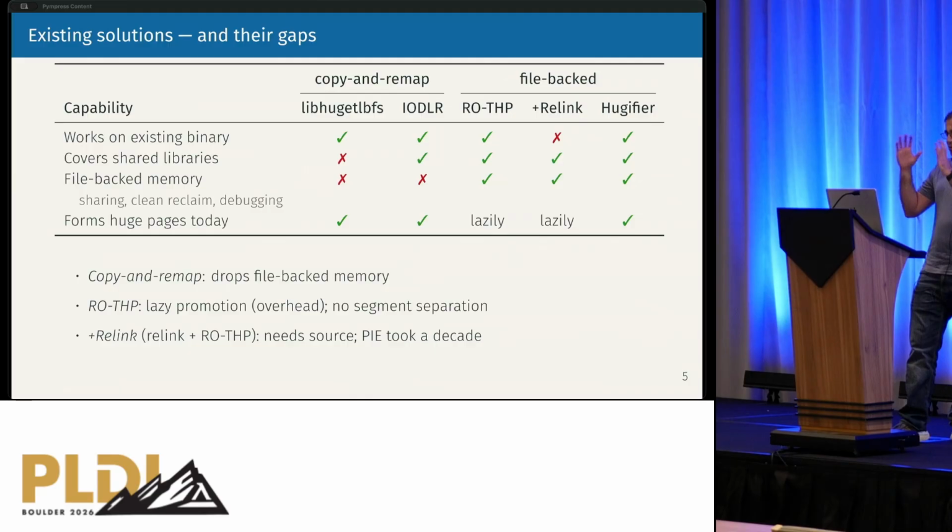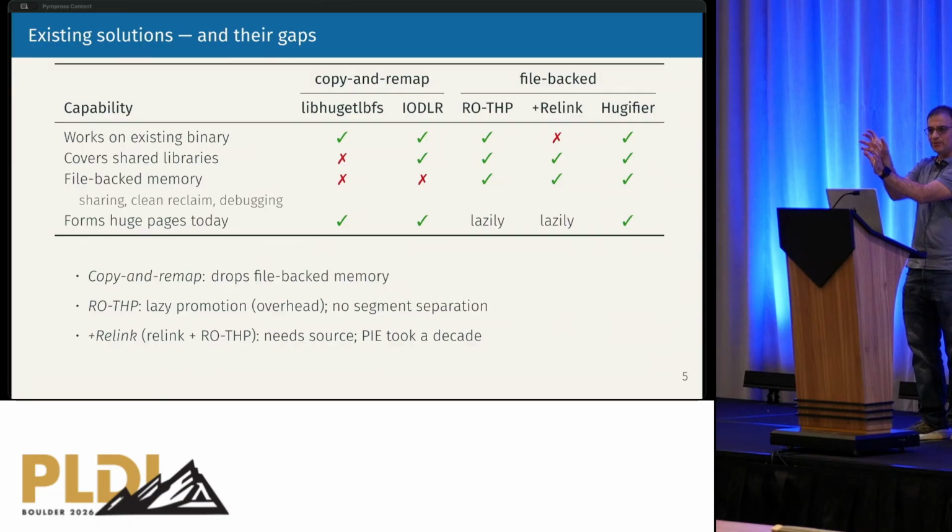They copy the code into fresh aligned anonymous huge page memory, and then remap this region on top of the executable that they had before. By doing so, they sidestep all the limitations that the page cache has, but they also lose the semantics of a file, because now this memory is anonymous.